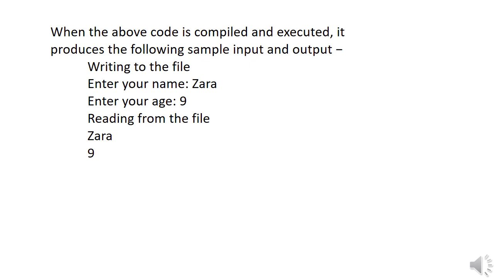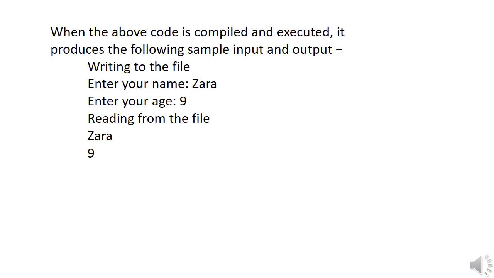Then the user is asked to enter the age. Then the user will enter an age like 9. Then this data is also written into file afile.dat. Then after closing the file, we will open the file again for reading data from file afile.dat.